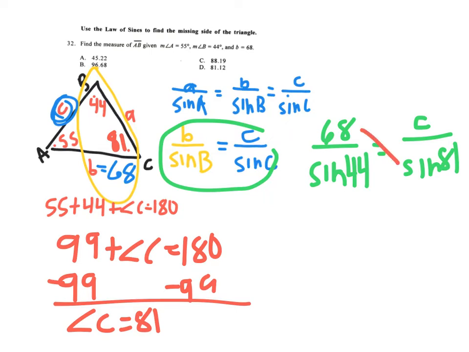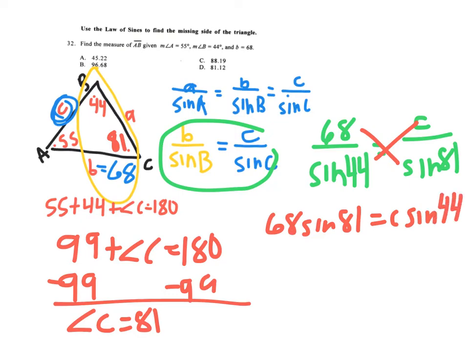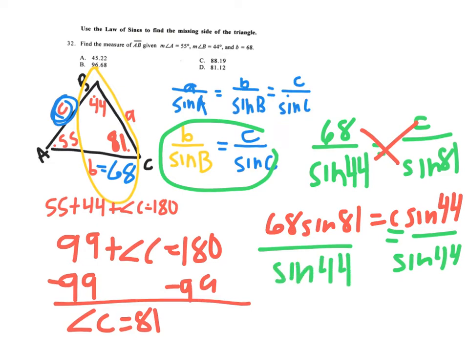So I'm going to do 68 times the sine of 81 equals c times the sine of 44. We need to get c by itself, so I'm going to divide both sides by the sine of 44. And that is what we're going to type into our calculator.